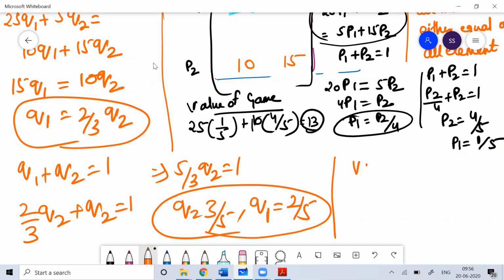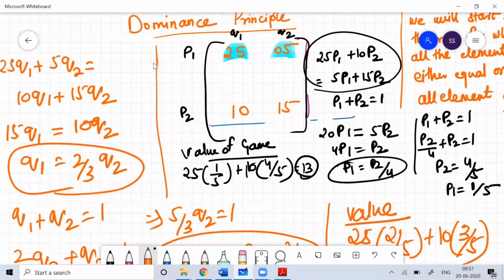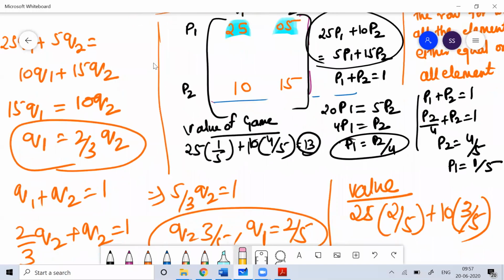Okay, and then your value of game would be what? 25 Q1 plus 5 Q2, with Q1 as 2 by 5 and Q2 as 3 by 5. You get 13.